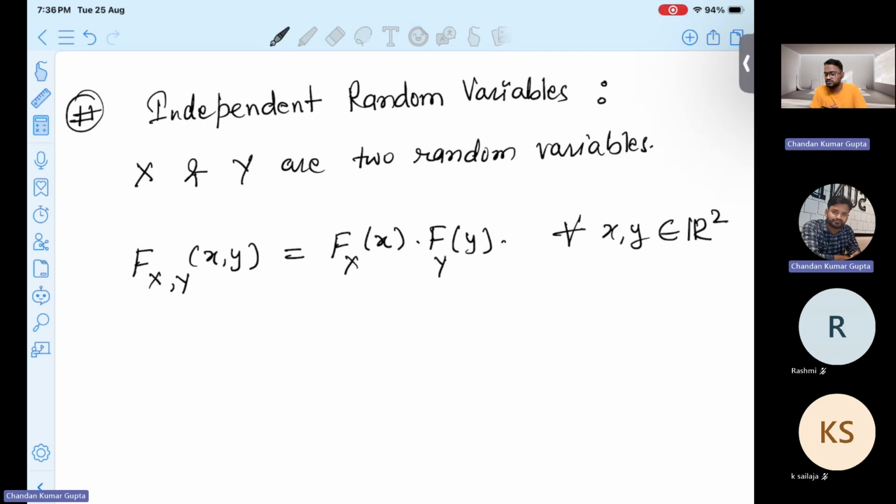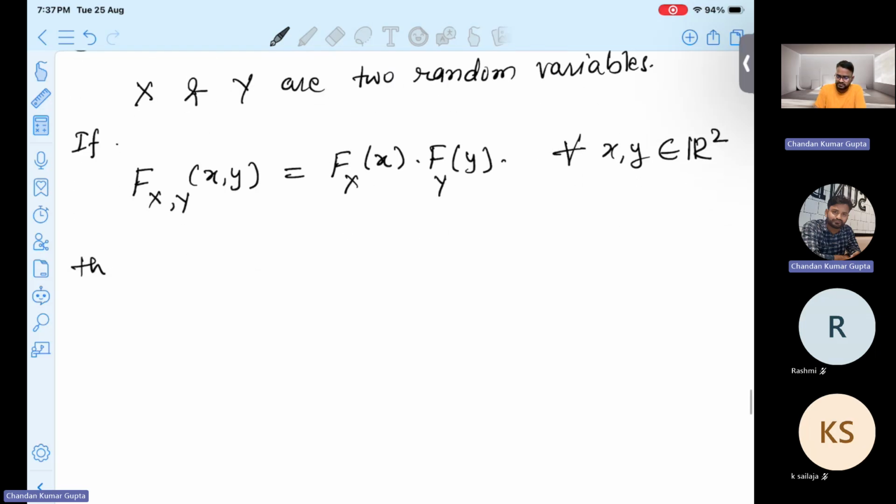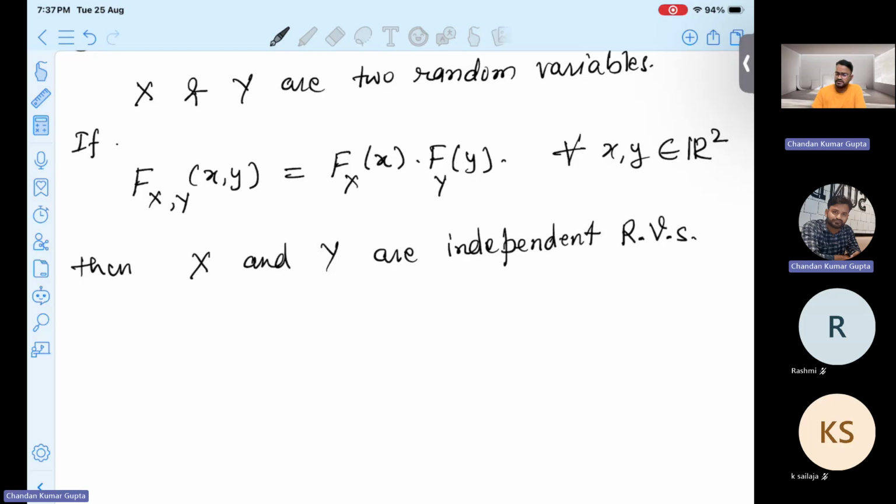In the ordered pair in the Cartesian plane, if this condition is satisfied, then we say that X and Y are independent random variables.